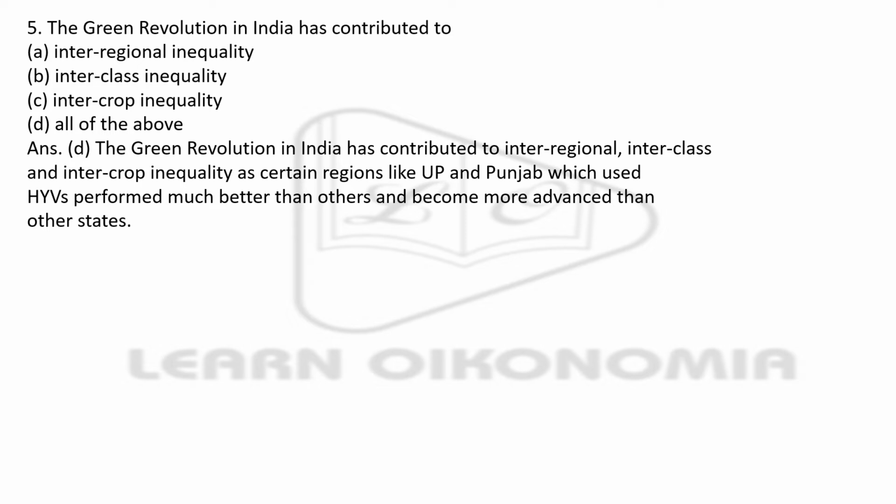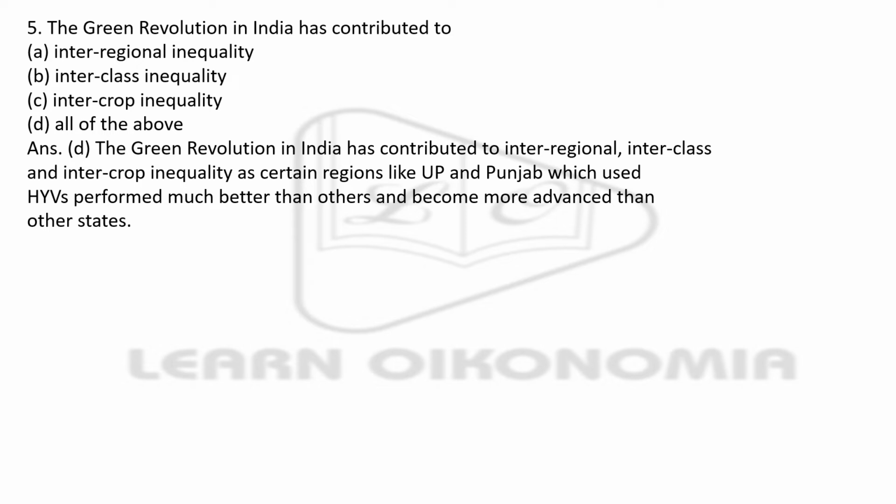That creates some inter-crop inequality. When it creates inter-crop inequality, it automatically creates inter-regional inequality. How? Because certain crops require certain climatic conditions to grow, and for example the crop that could be grown in the southern region is not suitable to grow in the northern region because climatic factors differ.